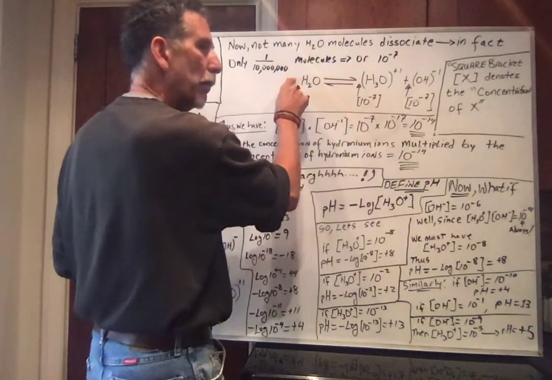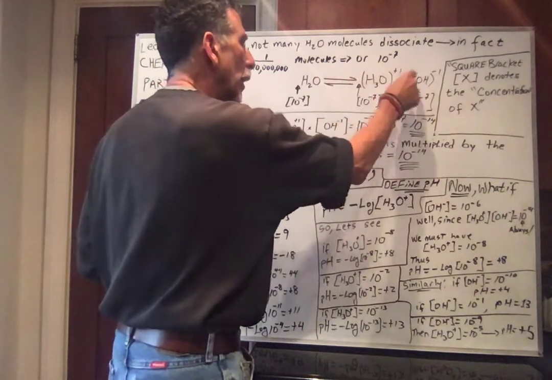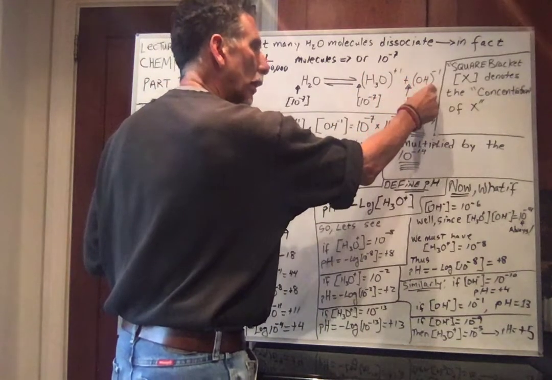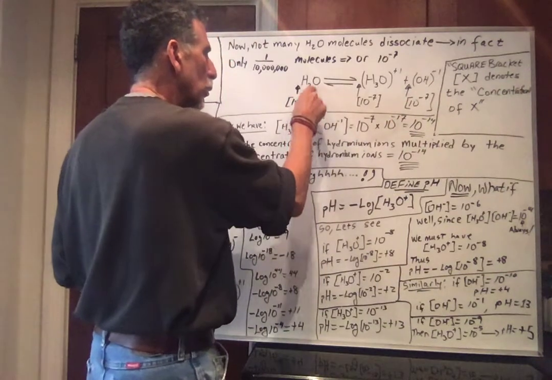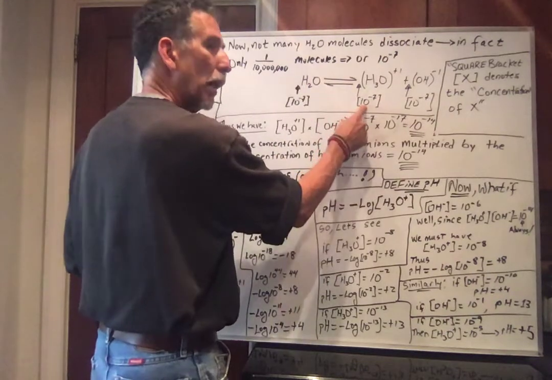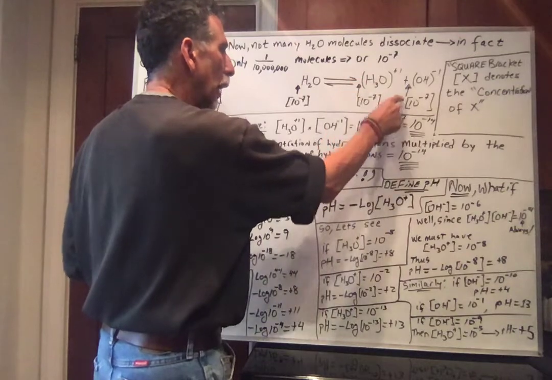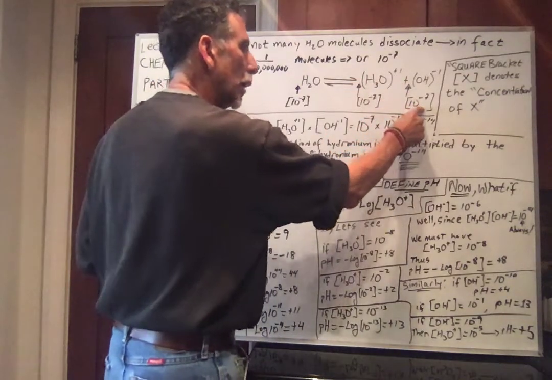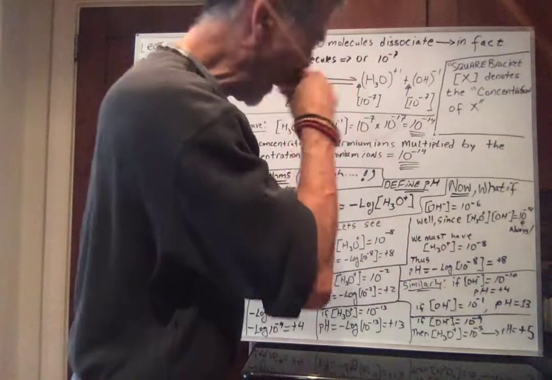So if I had 5 water molecules, you'd make 5 hydronium ions and 5 hydroxide ions. If the concentration of water molecules dissociating is 10 to the minus 7, then the same concentration of hydronium ions are being produced, 10 to the minus 7. And again, same coefficient, so the same concentration of hydroxide ions are produced, 10 to the minus 7.